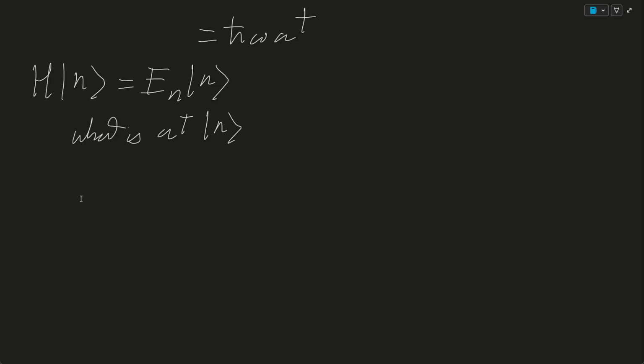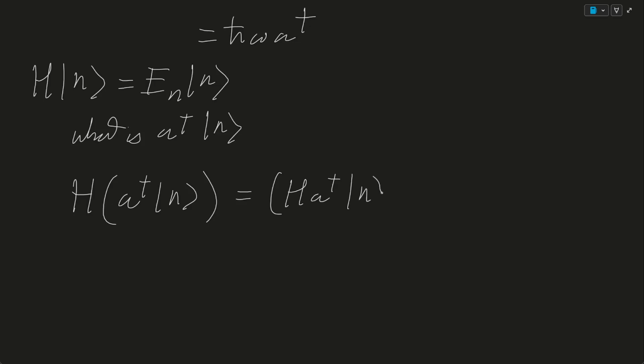That is, of course, the use of the Hamiltonian. So H a dagger n. We can pull this inside, and we can start to do some useful commutation-y stuff. So then we can substitute in that H a dagger is a dagger H plus ħω a dagger.